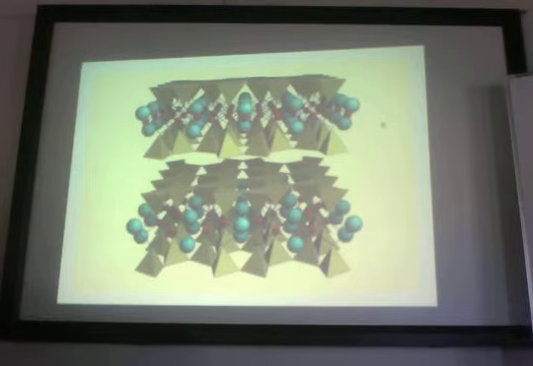This one is a pyroxene, that I can see from here. But this one is not a pyroxene. That's just the other, the second presentation.